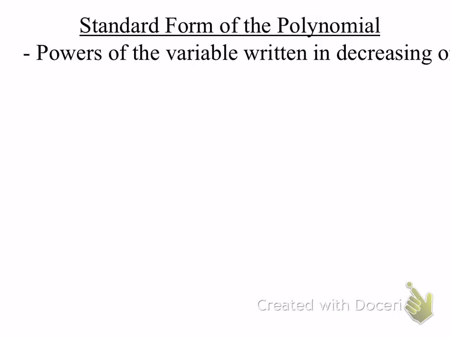All right, standard form of the polynomials. Is everybody clear on that? What is standard form? Irene. Standard form is when you put the terms in order of the exponents, descending from the highest to the lowest, from the biggest exponent term to the smallest.